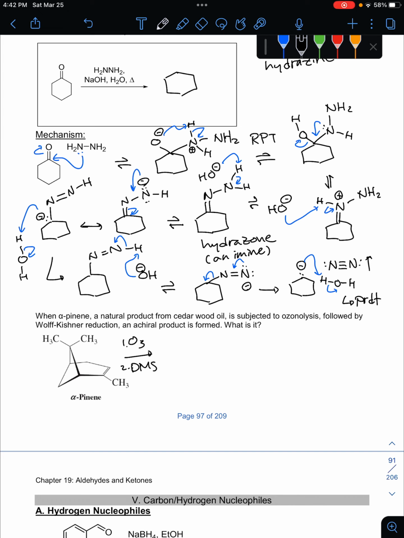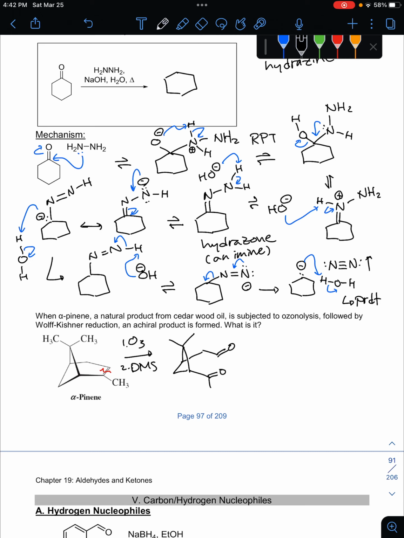So once you do the ozonolysis, remember here's an alkene that gets cleaved like so. So the product of that should be this aldehyde and this ketone, right? And Wolff-Kishner reduction can essentially replace a carbonyl with an alkane.